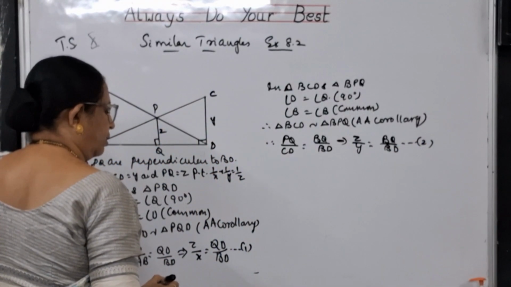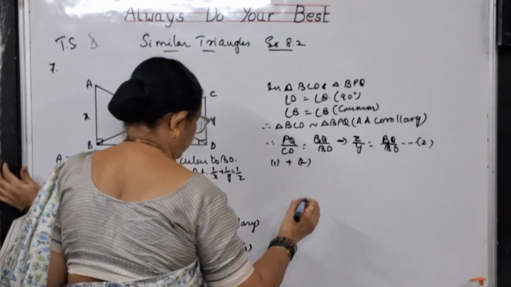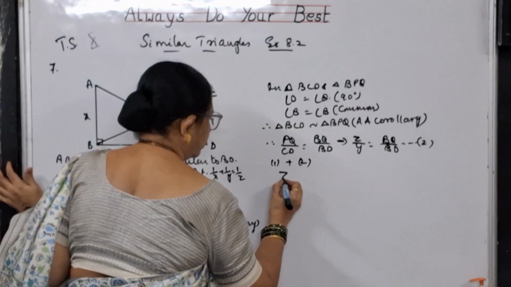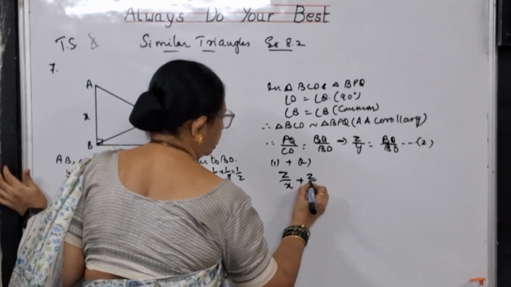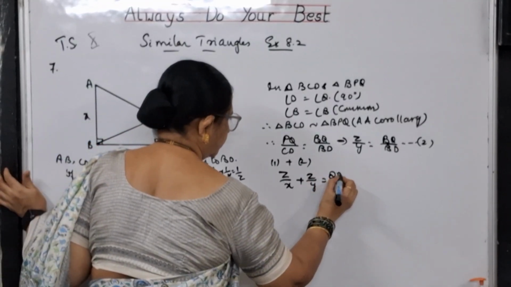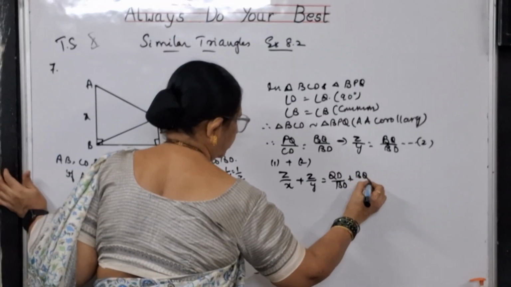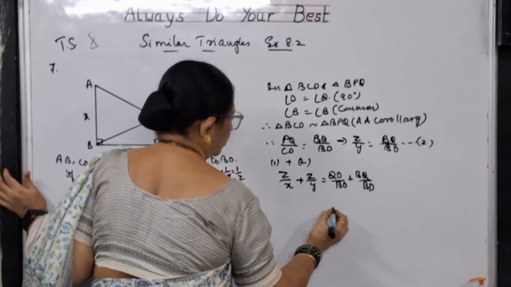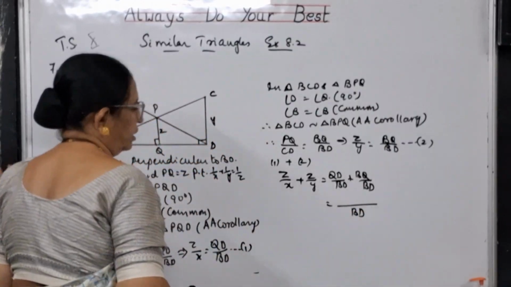Now let us add these two, first equation plus second equation. Z by X plus Z by Y is equal to QD by BD plus BQ by BD. So when you see the RHS, the LCM is BD.